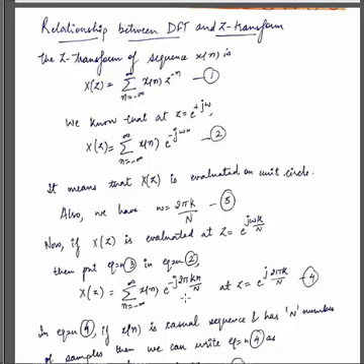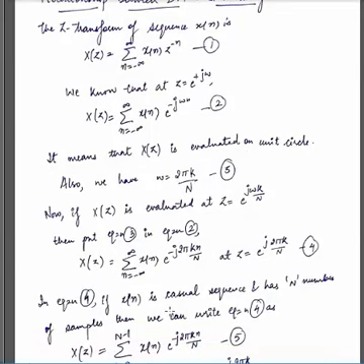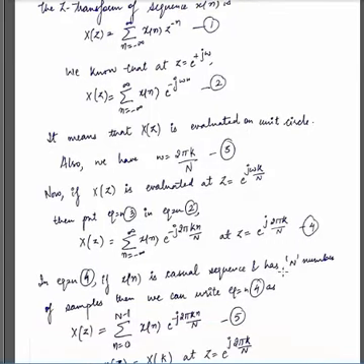Now in equation number 4, if x of n is a causal sequence, causal means output depends on only present and past value of input. That means x of n is causal means it has n number of samples, then we can write this summation n tends to 0 to n minus 1.